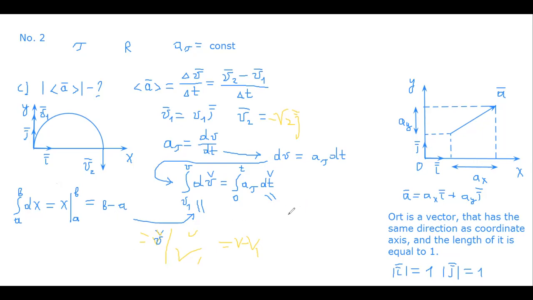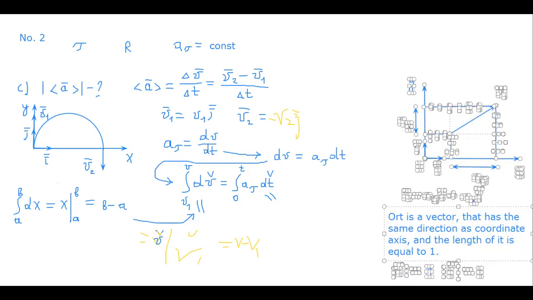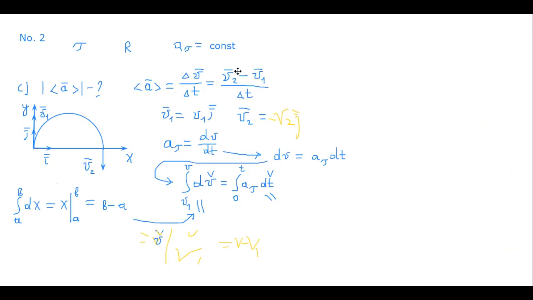I'll show here. I'll clean this. The integral from 0 to t of a tau dt, with the sign on it.